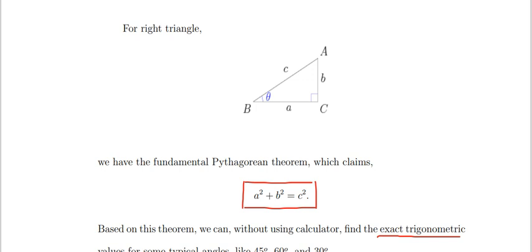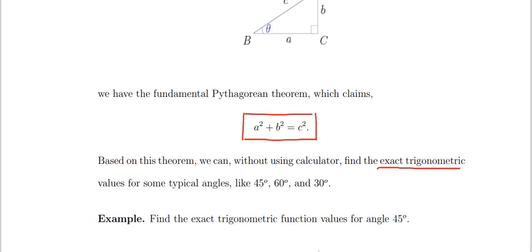The value from the calculator is not exact, sometimes we just say it's a close approximation. So for some typical angles, we can find the exact value.